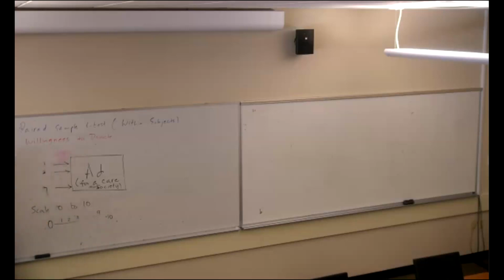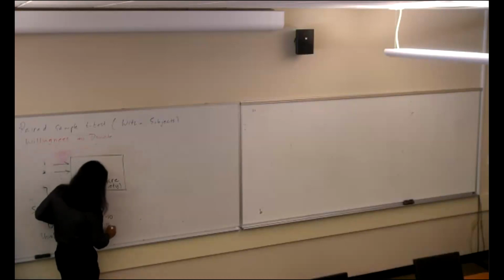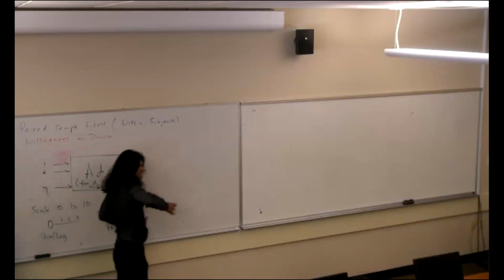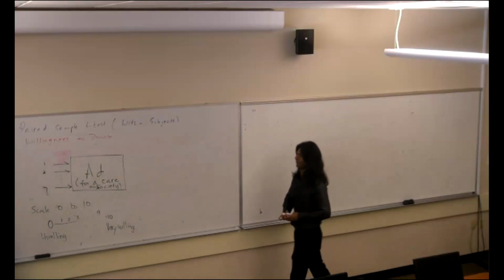Only discrete values, 0, 1, 2, 3. 0 means unwilling. 10, empty my bank account. Very willing. And other values would be somewhere in between.